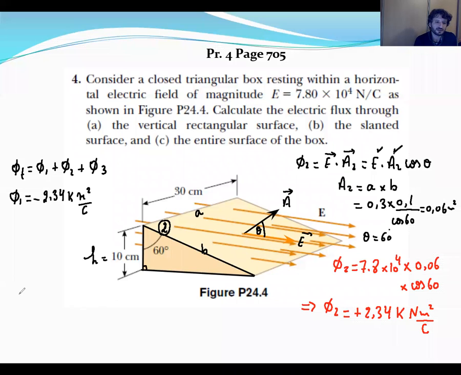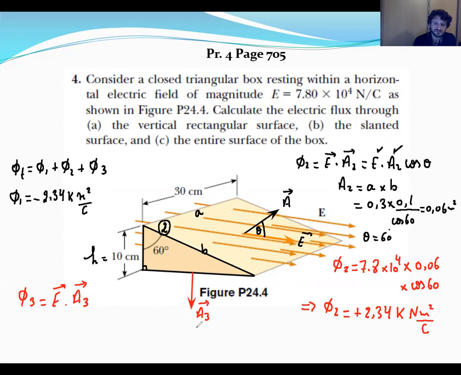Let's calculate phi 3 for the bottom side. For the bottom side, phi equals E times A3. A3 is perpendicular to the bottom side.